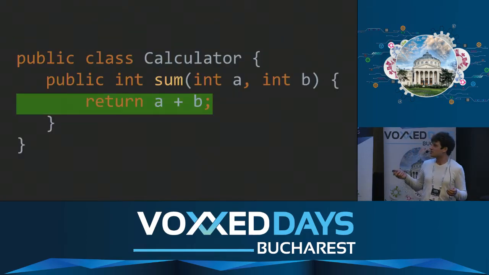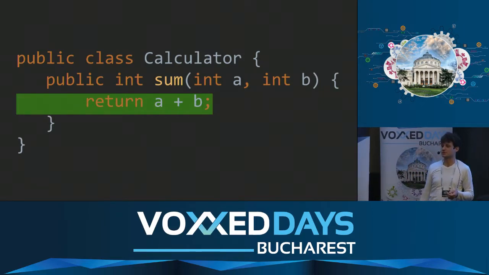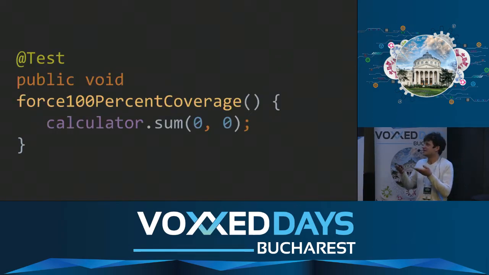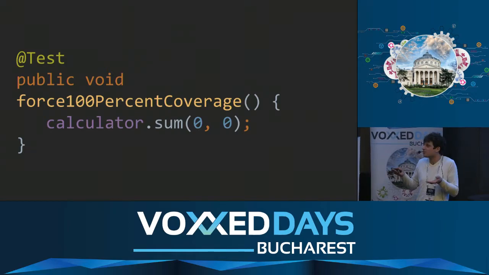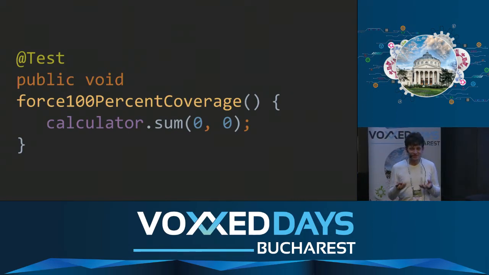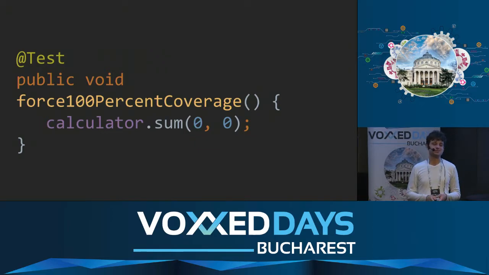Because in our oversimplified example, we can have code like this, just summing two numbers, and it can be perfectly covered with a test without any assertions, because someone wrote the test just to fulfill some requirements about the code coverage level. So we still need something better than just code coverage.